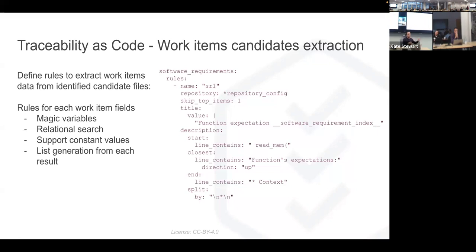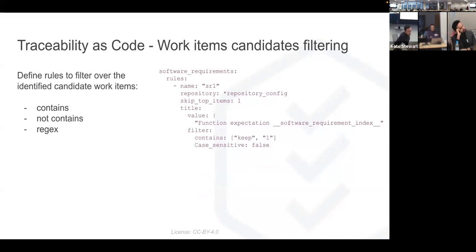We know the API we are working on, we know if it's the first requirement, we know many things, and then we can leverage that information to enrich the work item that we are creating. Then we can filter the generated work items, because we can know in advance that there are things we need to skip for some reason, like notes or whatever text that has no effect on your traceability.